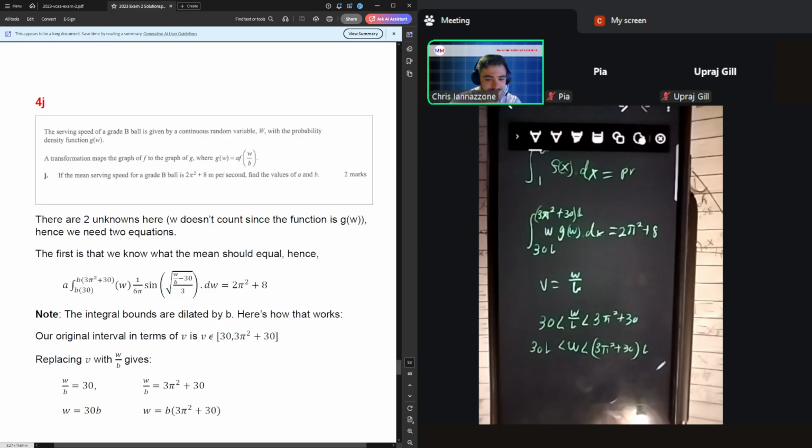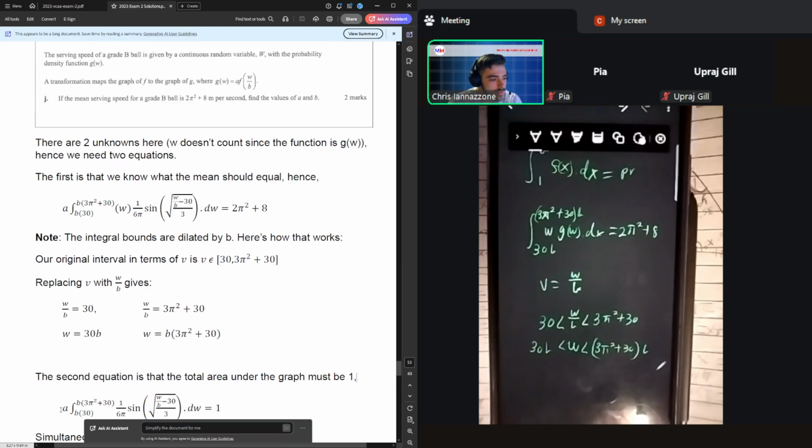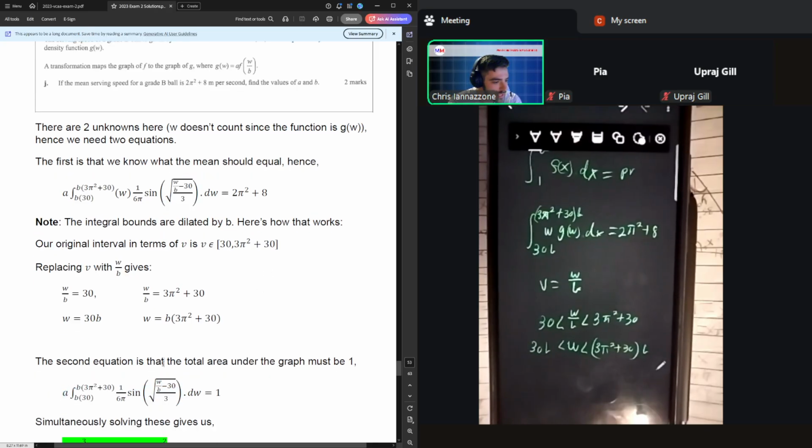So the other one's just going to come from the fact that all probability has to add up to 1. That's true of all probability, also true of continuous. And so the way to represent that in continuous is to say the integral over the full domain has to add up to give 1. So you're still going to have those a and w over b type stuff, but what you're not going to have is the mean portion of it.